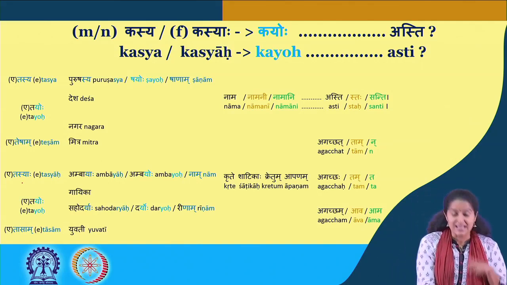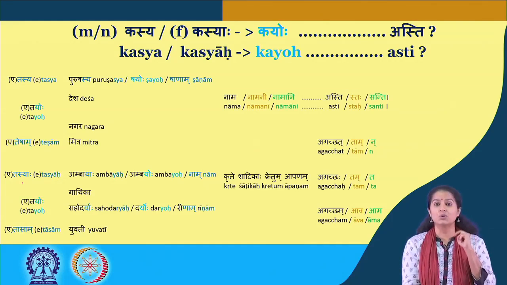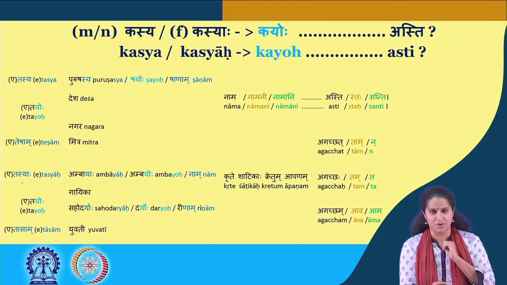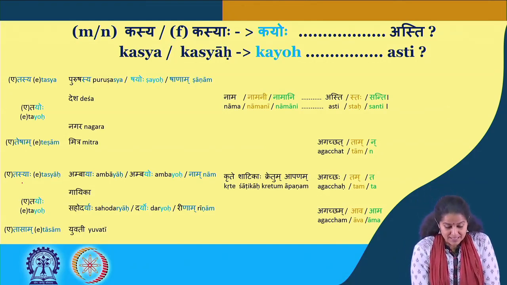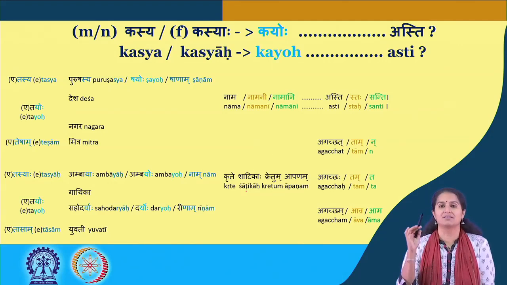Let's move on to the next one, which is the feminine. And what do we see? It is tasyaha ambayaha, which becomes in the dual tayoho ambayoho. In the plural, tasam ambanam. Alright, now let's try and put that into a sentence. What I am saying here is tasyaha ambayaha krite shatikaha kretum apanam agachat.